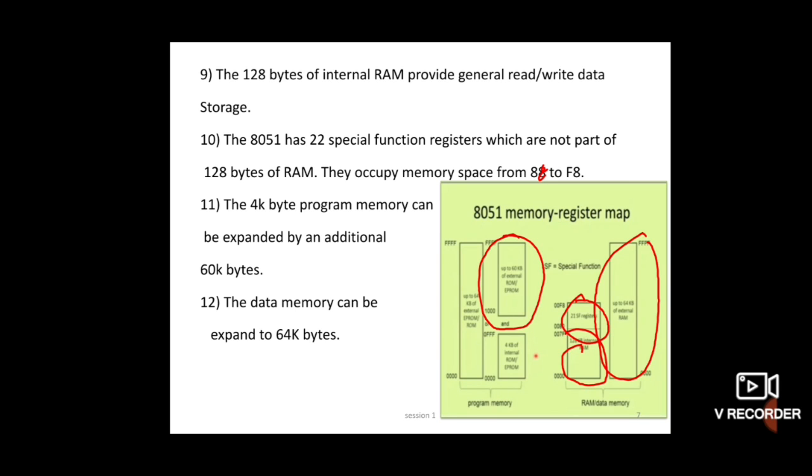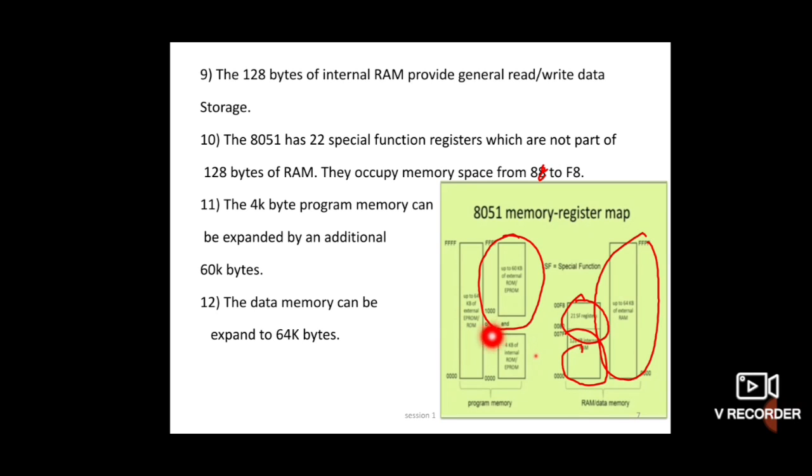This is the 8051 memory register map. There are two spaces: program memory and data memory. Program memory is a ROM, data memory is a RAM.